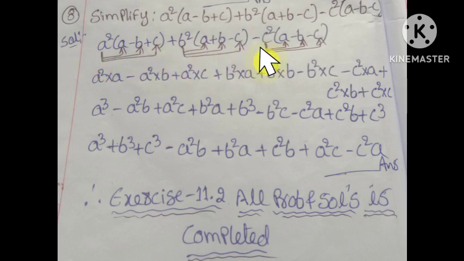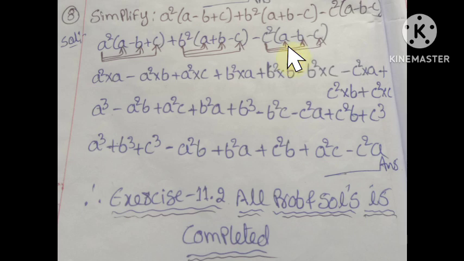Each term is a monomial multiplied by a polynomial. Multiply the monomial by each term of the polynomial using the distributive property. You already know the process.